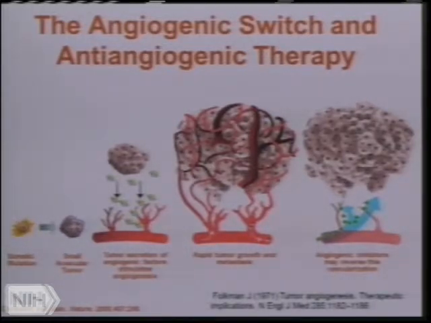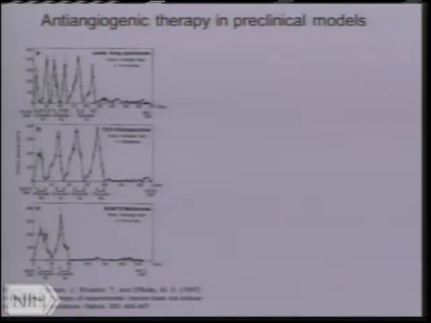This happened in 1971, so it's been 42 years until today. We're pretty much going to skip those 42 years, but there have been a lot of efforts to develop anti-angiogenic therapeutics, and it is one of the most promising fields in oncology. So can we cure cancer with anti-angiogenic therapy?